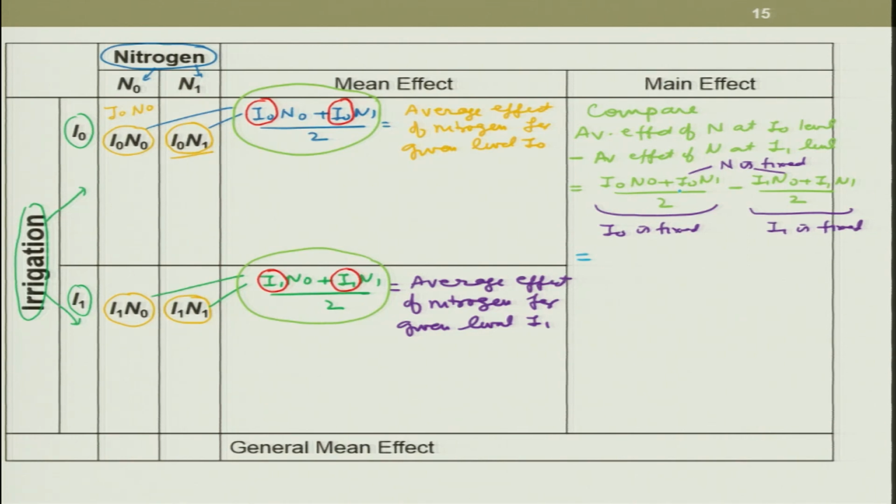Don't you think that since the level of nitrogen is the same in both the expressions here, this difference is going to give me something like the difference due to irrigation level? Why?